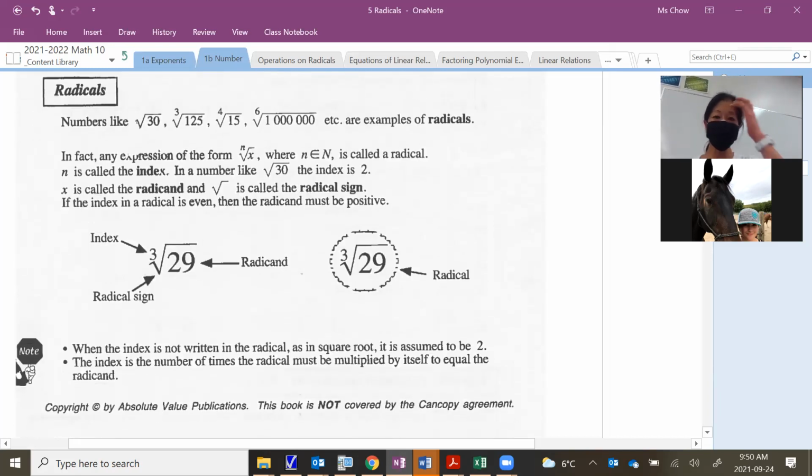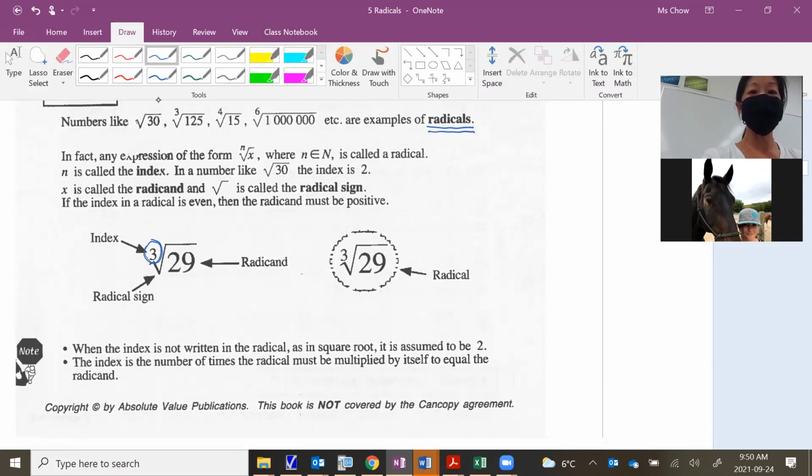Okay, so here we go. Some terminology then. All of these are examples of radicals. The little number outside, remember we left the boots outside, that is what we call the index. The index is our boots.